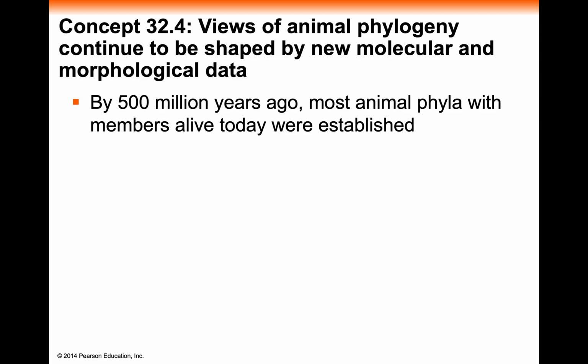Well, it says all of the phyla. You have to remember that all things with a backbone belong to the same phylum. So the chordates, which are, again, more or less things with a backbone, just the loose, simple definition, were established around this 500 million years ago time frame.